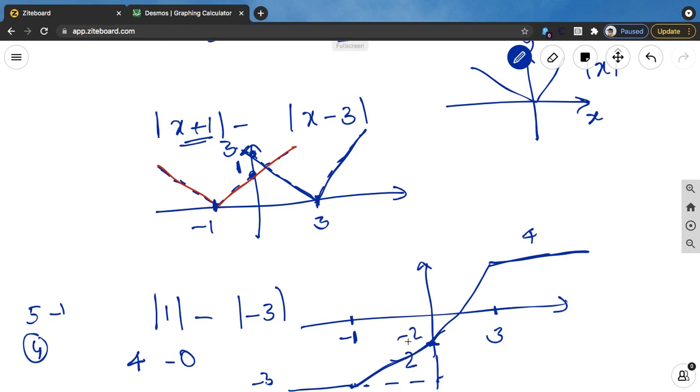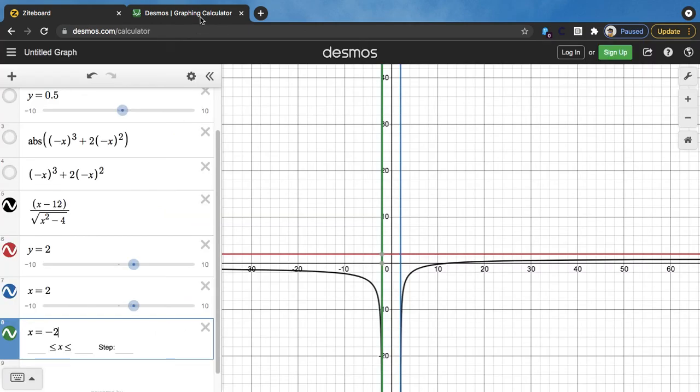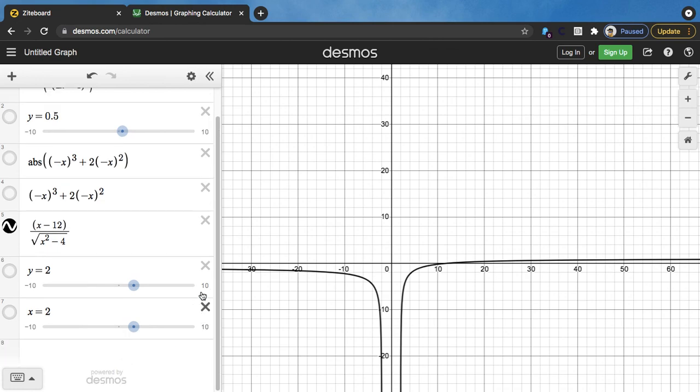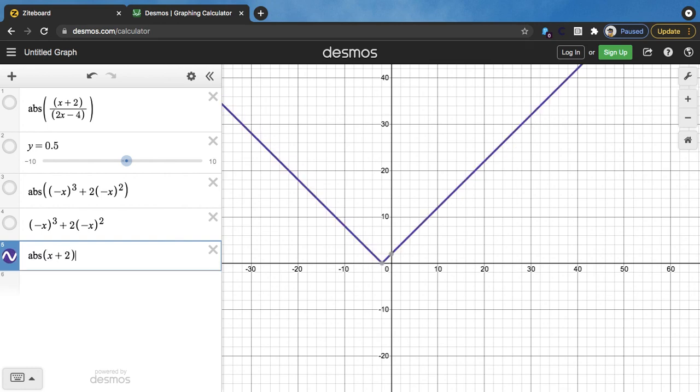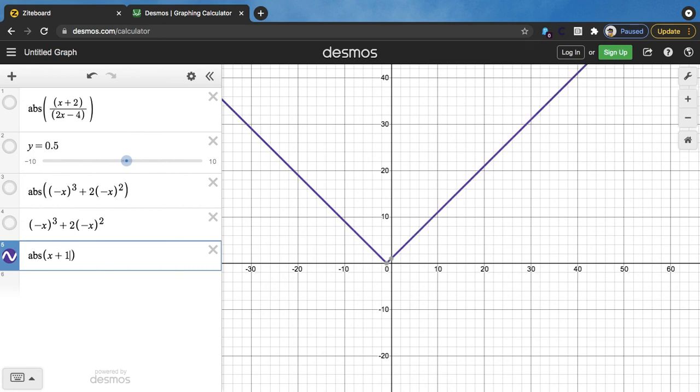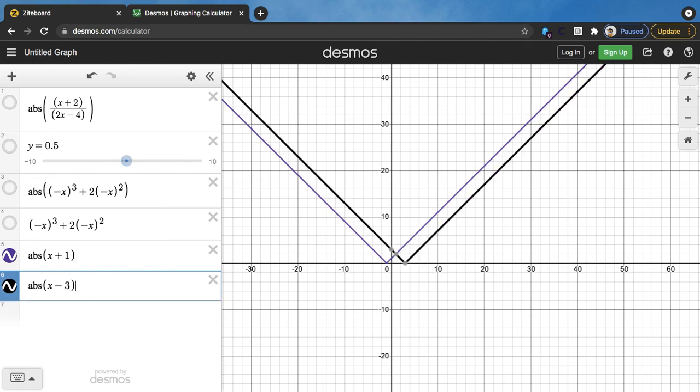Let me graph it on Desmos to show you. All the 3 I'm going to graph so that you can see what is happening. So I will graph absolute value of x plus 1. Do you see it is shifted left? And then absolute value of x minus 3. So it's shifted to the right.